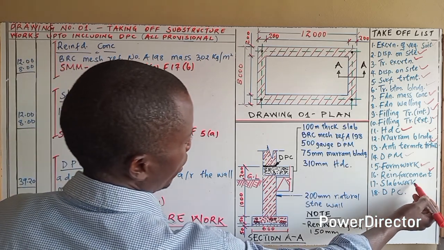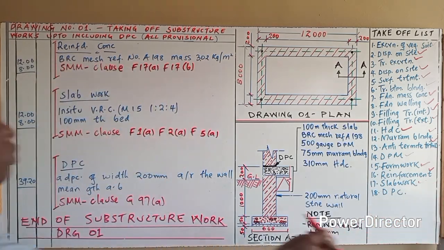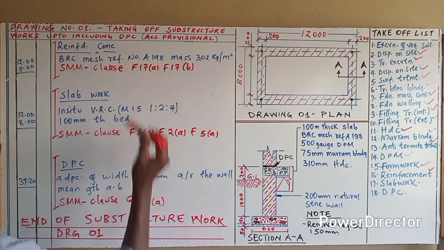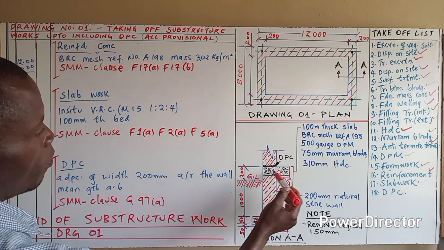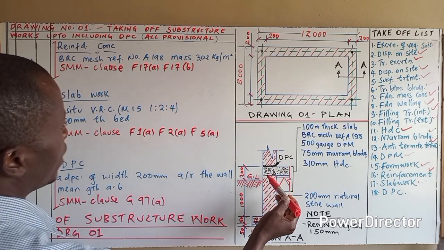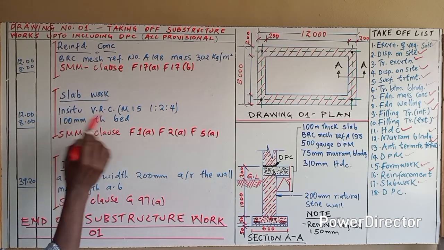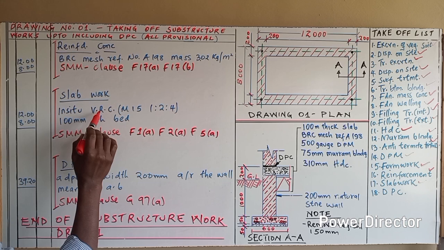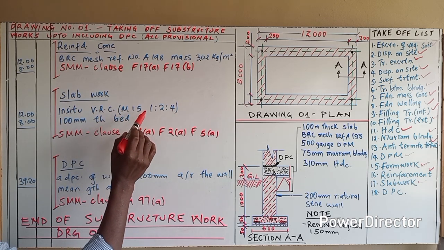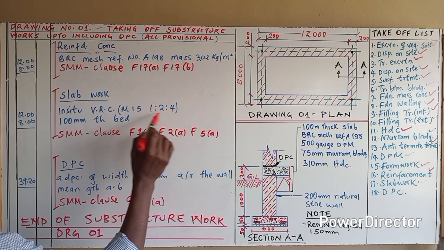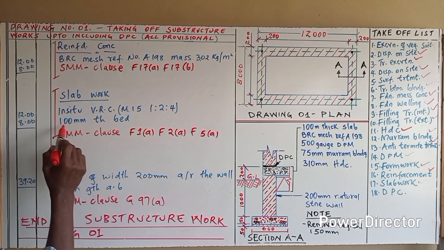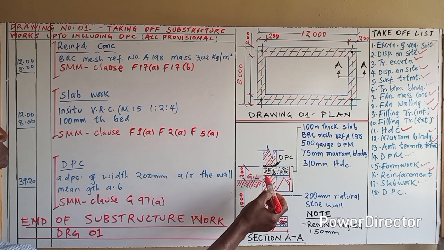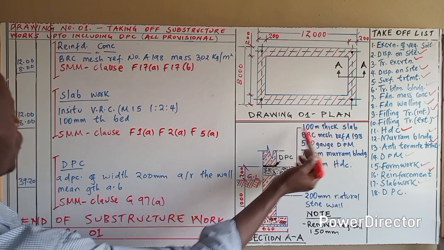Now let us move to the slab work, this one. So after you have placed your BRC mesh, you are now going to pour in the in situ concrete and then vibrate. So how do you explain that? In situ vibrated reinforced concrete M15 with this ratio of mix 100 millimeters thick bed, that is this one now, which has been explained here.